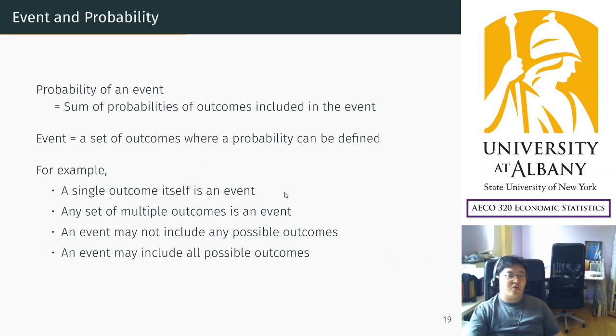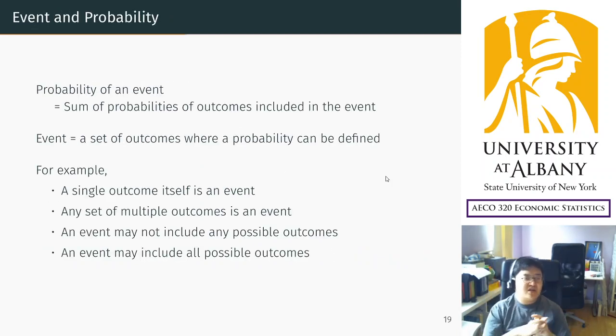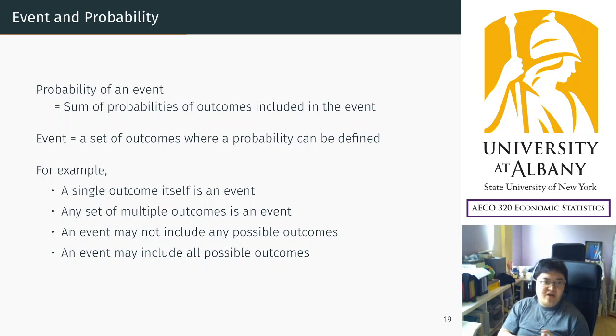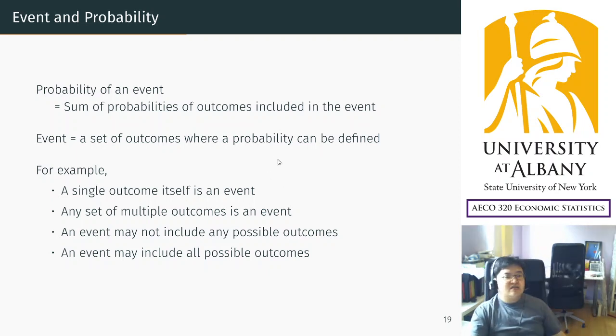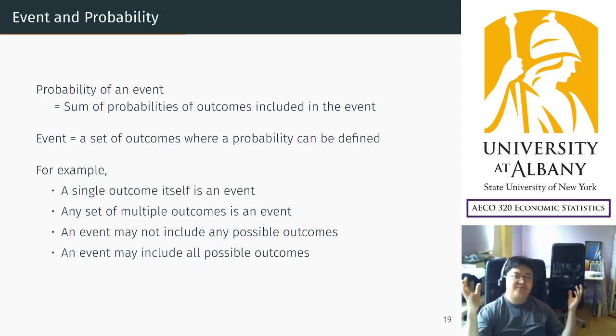So we can define a new concept here. An event is where the probability is defined, where the probability is assigned. Probability can be assigned to outcomes, but not only to outcomes. An outcome means just one single outcome, but an event may have multiple outcomes.